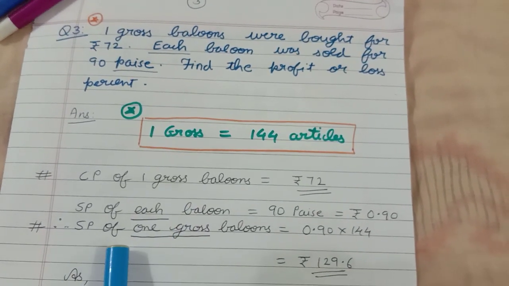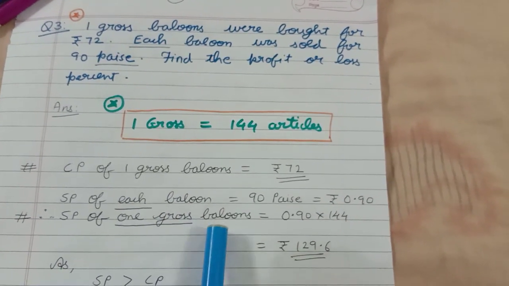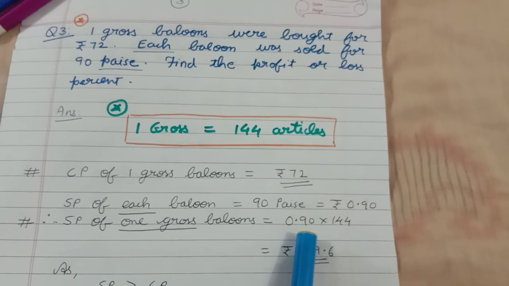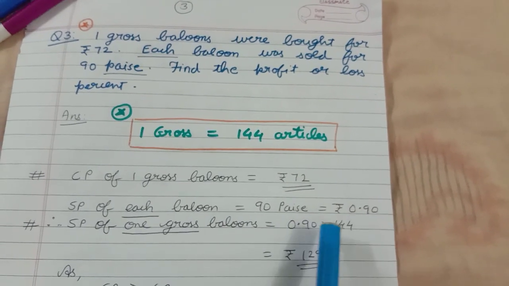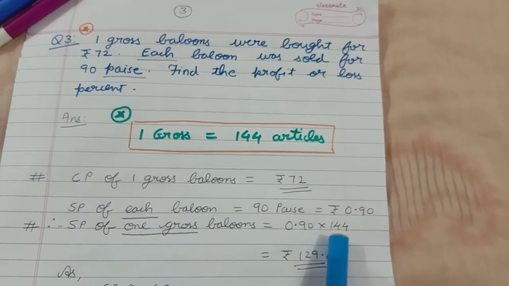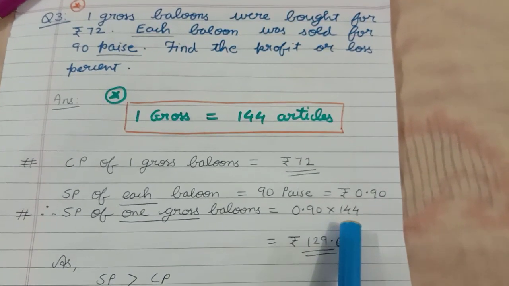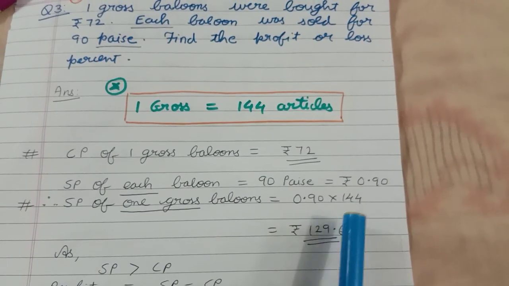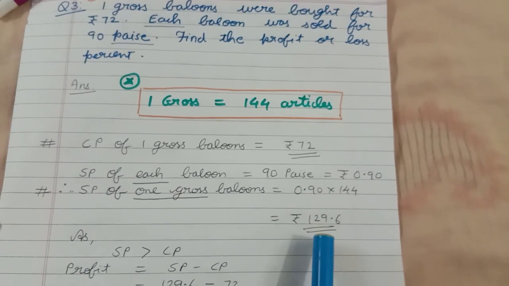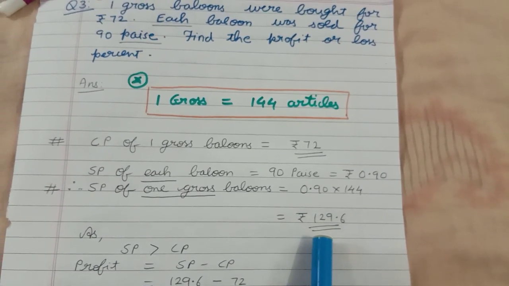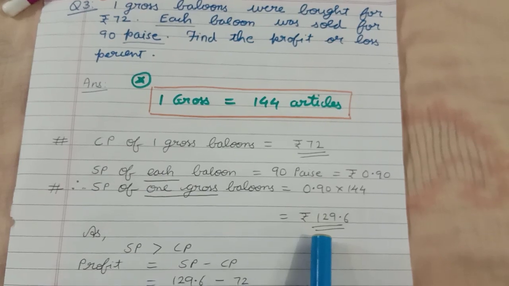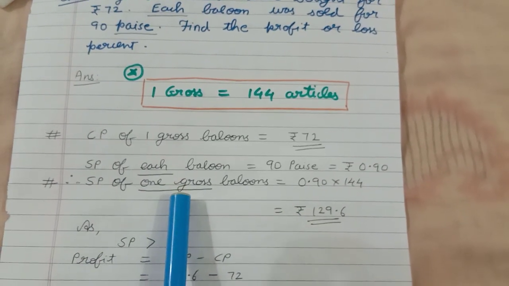So selling price of 1 gross balloons is equal to 0.90 multiplied by 144. Why so? Because 1 gross is 144 articles. If you multiply this, you will get 129.6 rupees. This is selling price for 1 gross.